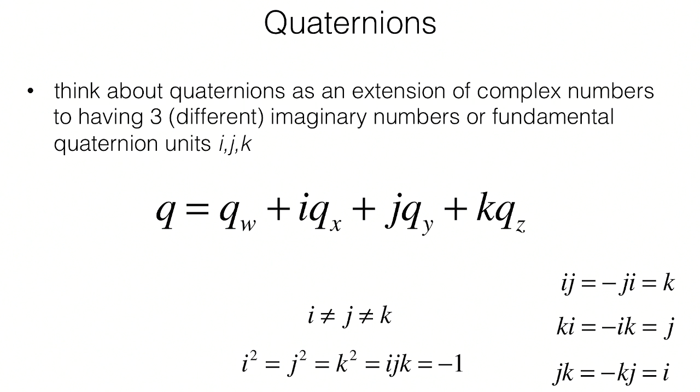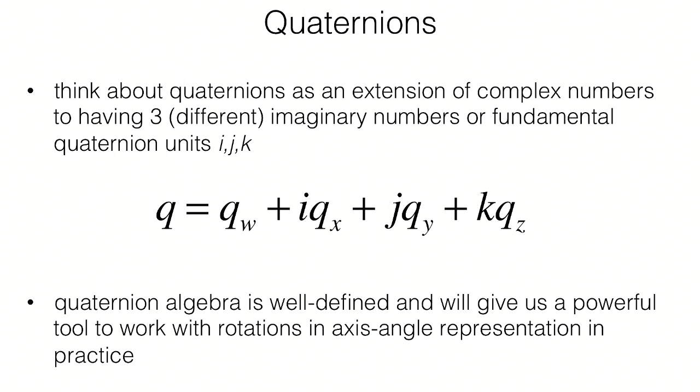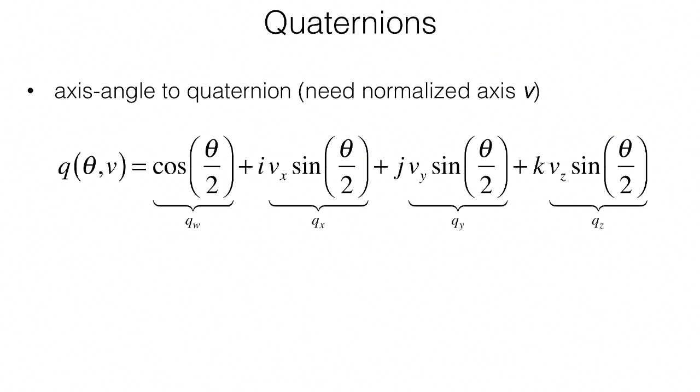But again, the square root of them is going to be -1, or if you square them, it's going to be -1. If you combine them in different ways, you can read up the algebra down there. So they're different, but you can use them to define operations like multiplications and other things. So it's a powerful set of algebra. You can try to understand it and philosophize about what it really means, and I'll leave that as a homework to you. But if you just implement it, it usually works quite well also.